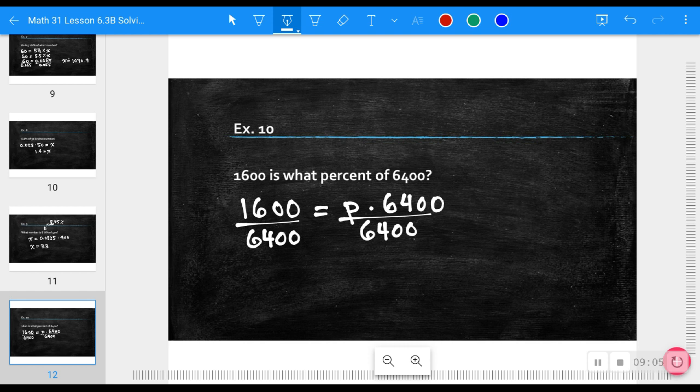And 1600 divided by 6400 is 0.25. That's your percent. But percentages have to be written as percentages. So you're going to slide your decimal to the right and restore your percent sign. So 25% is our final answer.